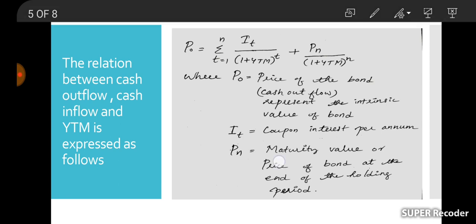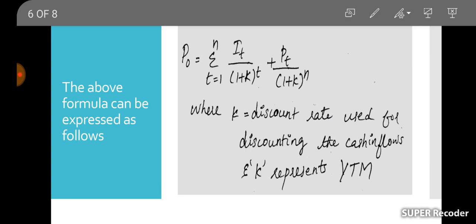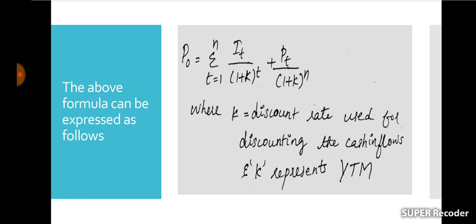This relationship, the formula, can be expressed as follows. That is P0 is equal to sigma t equals 1 to n of IT divided by (1 plus k) raised to t, plus Pn divided by (1 plus k) raised to n. Here k is the discount rate used for discounting the cash inflows and k represents YTM.